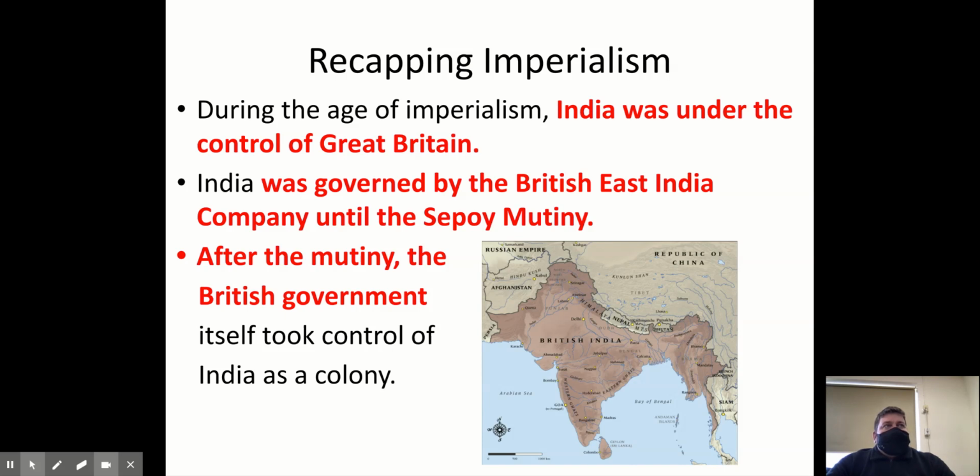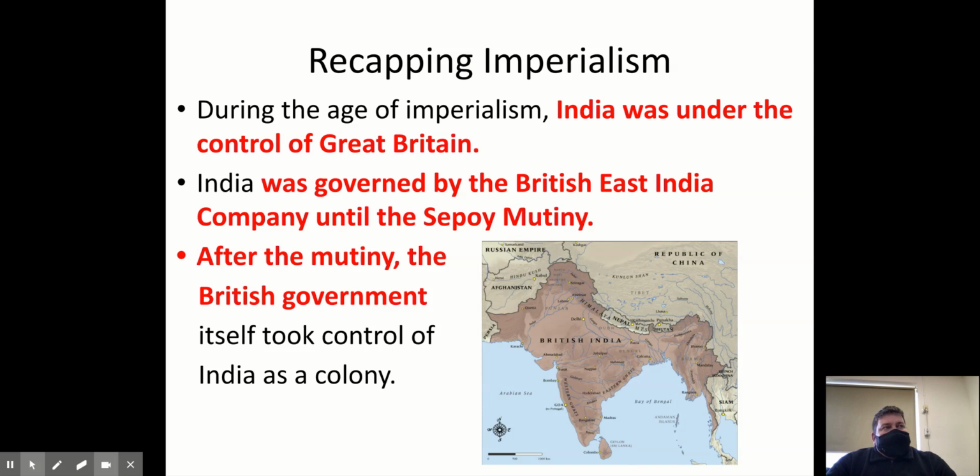And then we told the story of the Sepoy Mutiny, if you guys remember. This was the story about the British East India Company and their security wing using sepoys, who were Indian citizens, as employees trying to secure the British East India Company's interests in India.